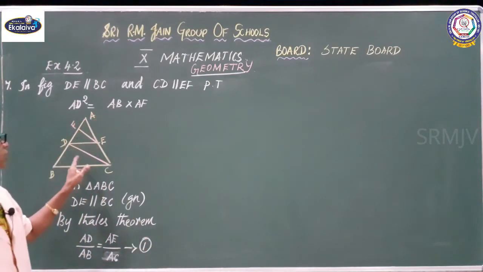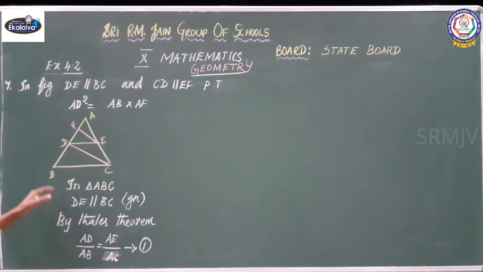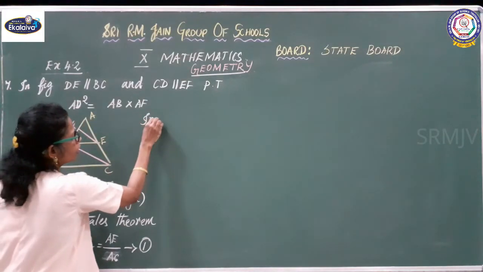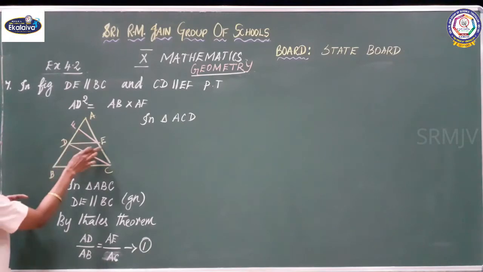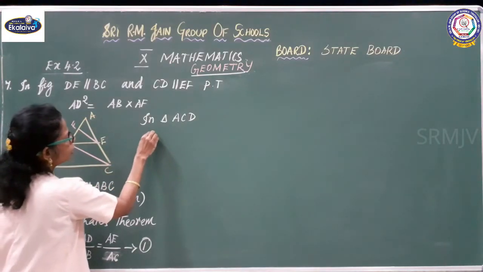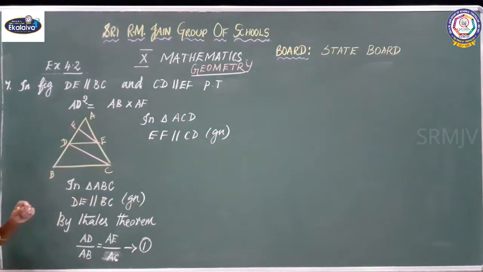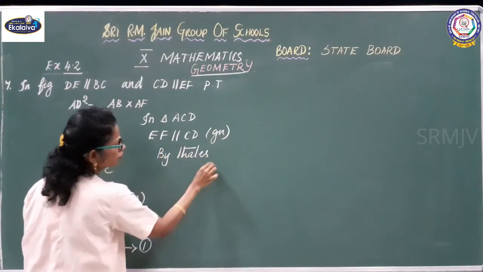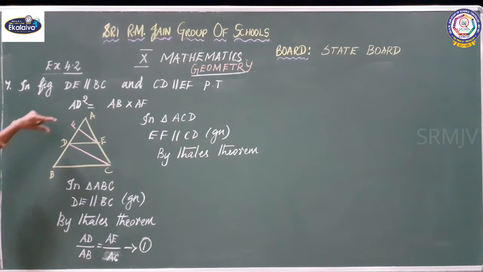Next what they said, CD parallel to EF. That means which triangle do you want to take? ACD. In triangle ACD, what is your conclusion here? EF is parallel to CD, that is given to you, right? By Thales theorem, what is your conclusion?